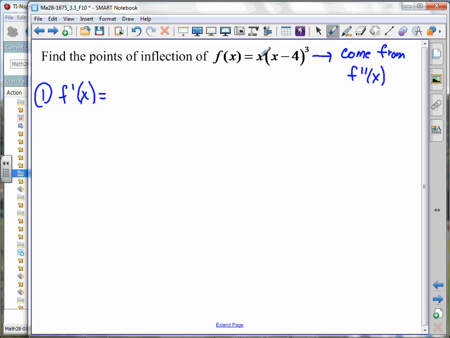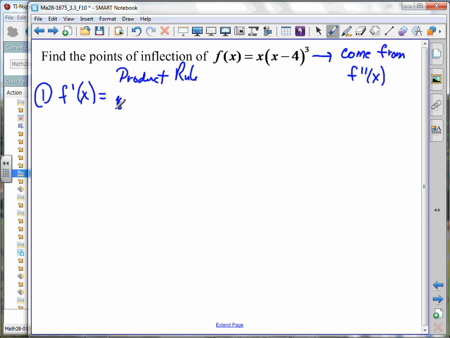Another one we could use is the power rule, and then we'd have to use the chain rule on this factor. I'm going to do the second one because that's good practice for our derivative work. Again, if you want to multiply that out, that's fine too.